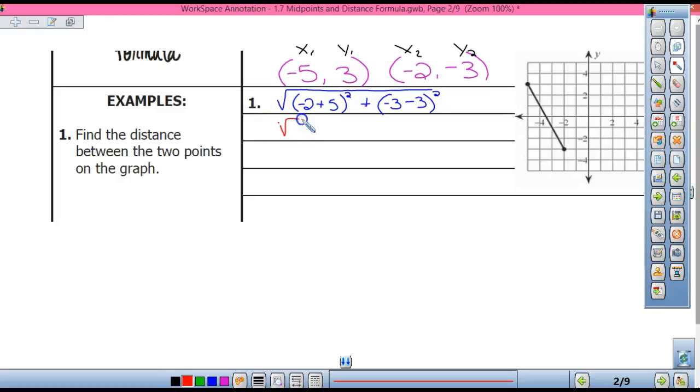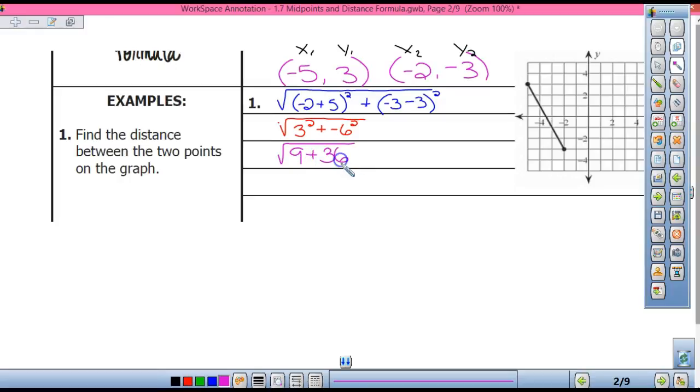Step 2, we can do parentheses, so negative 2 plus 5, 3 squared plus negative 3 minus 3, negative 6 squared. Okay, so now 3 squared, 9 plus 36.